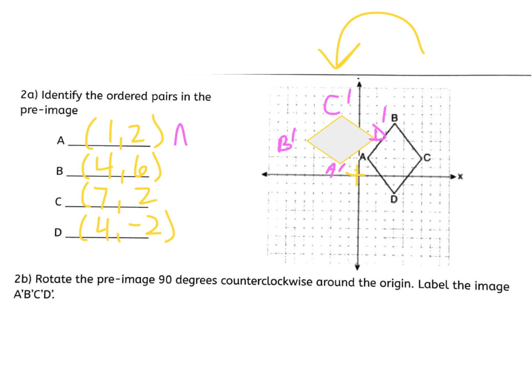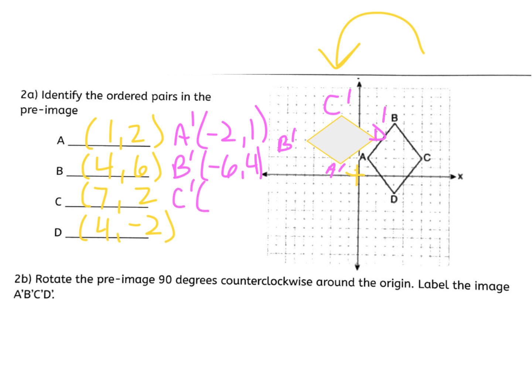I can see that regular A was 1, 2, and A prime is now -2, 1. So there is a connection between the digits there. The regular B was 4, 6, but B prime is now -6, 4. So you see how the digits flip and the first one becomes negative.